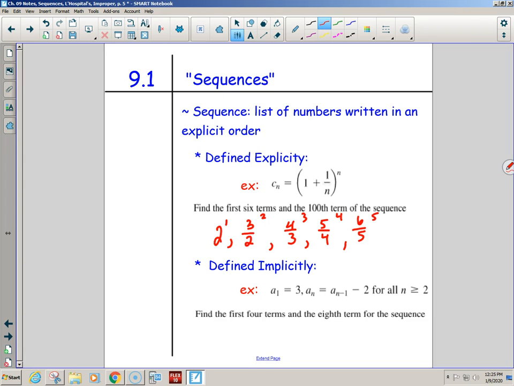1, 2, 3, 4, 5, 6. But where does it get hard? 100. Oh, come on. Some of you got hard in the second term. But yes, the 100. I wonder if there's any more of a pattern. I mean, well, wait a minute.